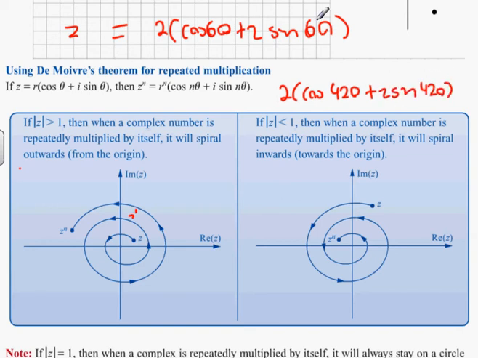Now you've got to remember, to turn 60 into 420, we have to do it to the power of 7. So it's going to be 2 to the power of 7, and then it's going to be z to the power of 7. So if you've got z1, the next one that's going to be in line with z1 is going to be z7.